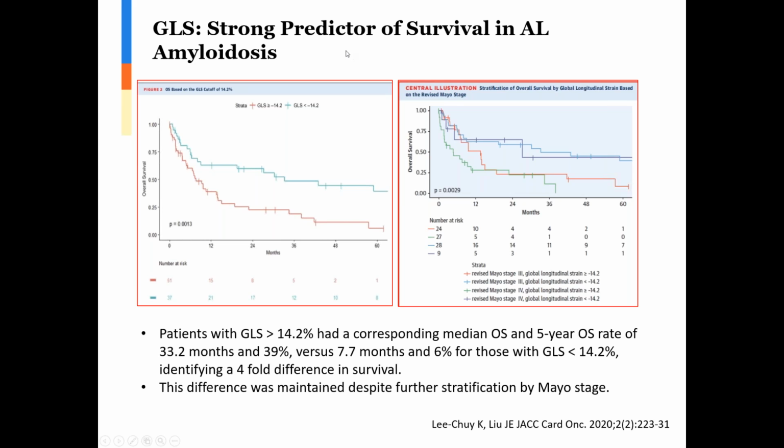Now, GLS has been shown to be a strong predictor of survival in AL amyloidosis, providing incremental value over the traditionally prognostically validated biomarker staging system.